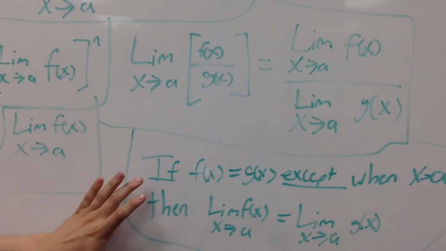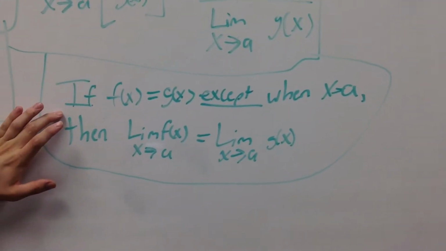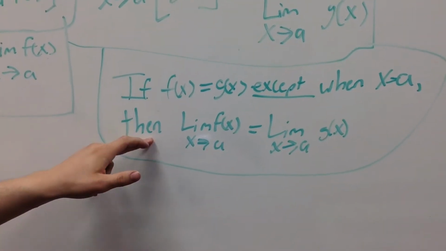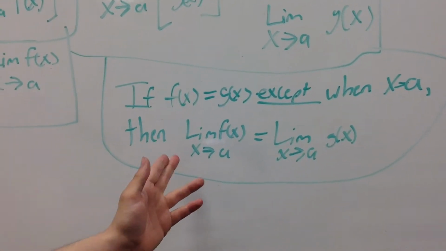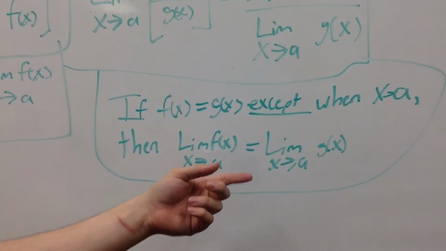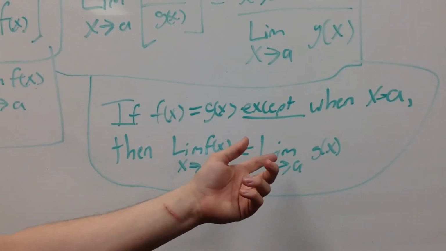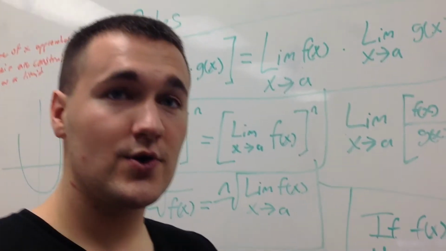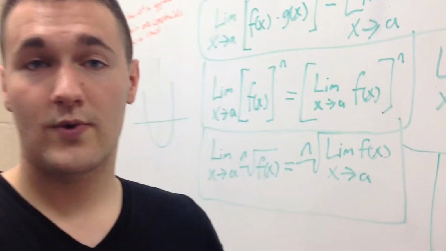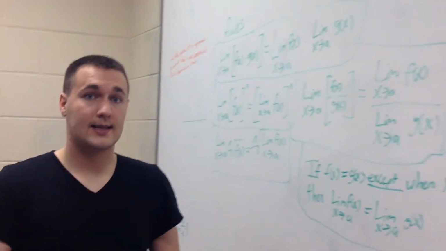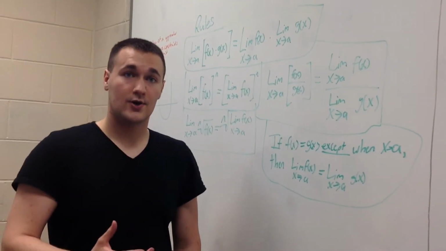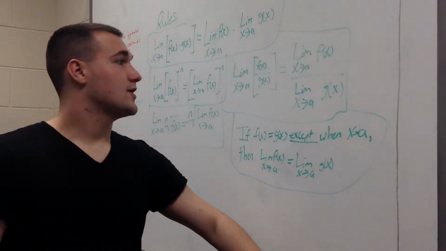Basically what we're trying to get at is if f of x equals g of x except when x equals a, then the limit as x approaches a of f of x is equal to its counterpart, the limit as x approaches a of g of x. We can use these limit laws with given functions as the limit approaches a given point to solve an equation. So now let me show you how to do that.